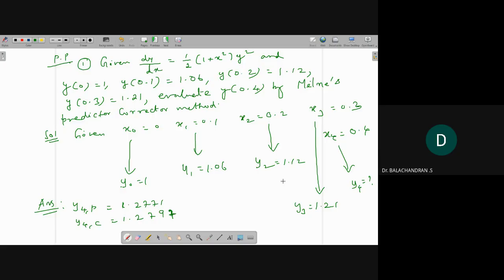Use Taylor series to get the values of y of 0.1, y of 0.2, and y of 0.3. Once you get those, then find y of 0.4 using Milne's method. So you try and get the answer. If you need the answer, I will tell you later. First, you try.